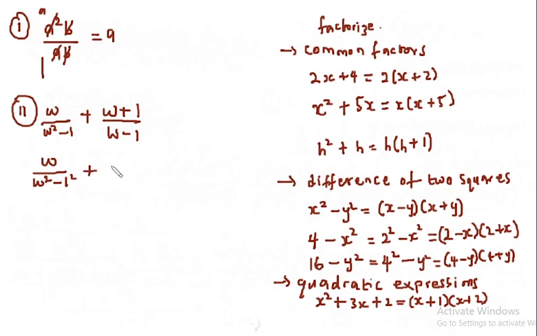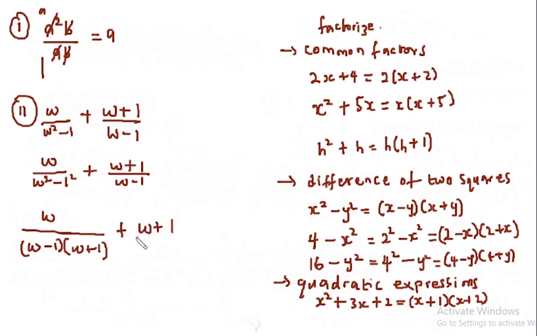So plus w plus 1 over w minus 1. From here, we can still work on this and say this is w over w minus 1, w plus 1. This is all the denominator of w, of course. And then this is plus w plus 1 over w minus 1.